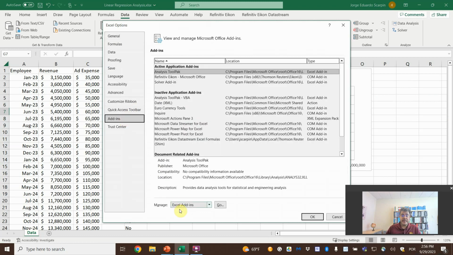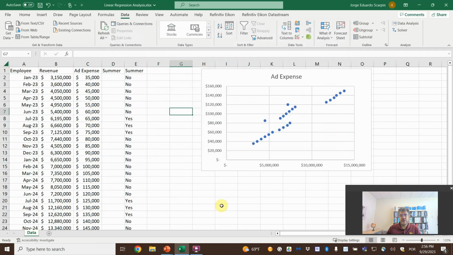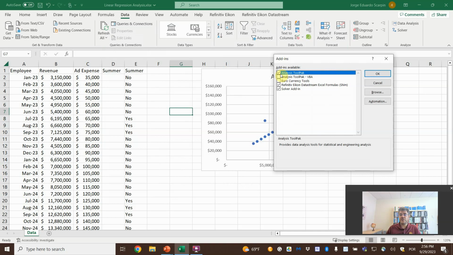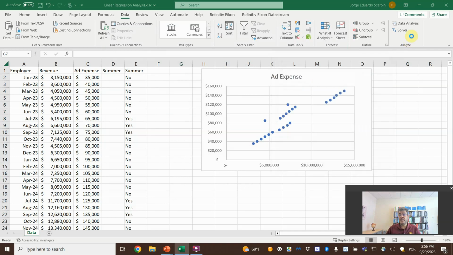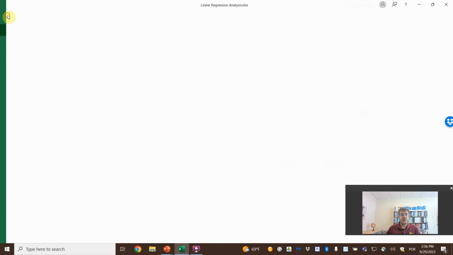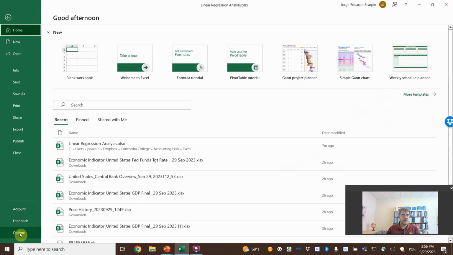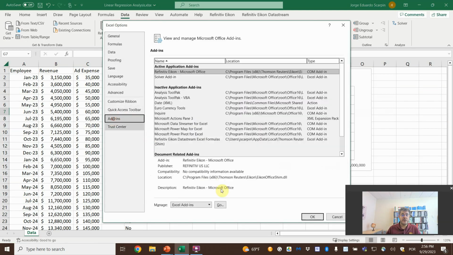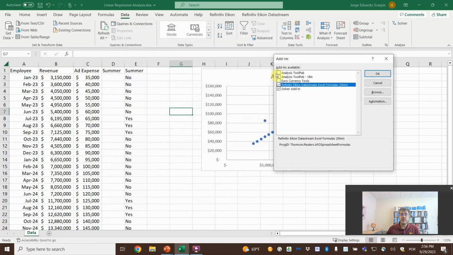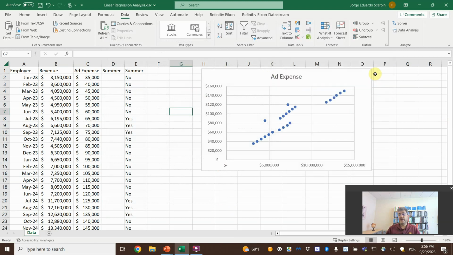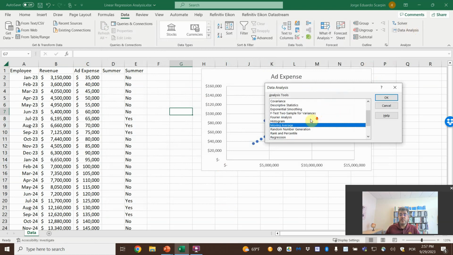Add-ins, Excel add-ins, Go, Analysis ToolPak, and here they are. So Data Analysis has tons of stats analyses here. So we go to regression.